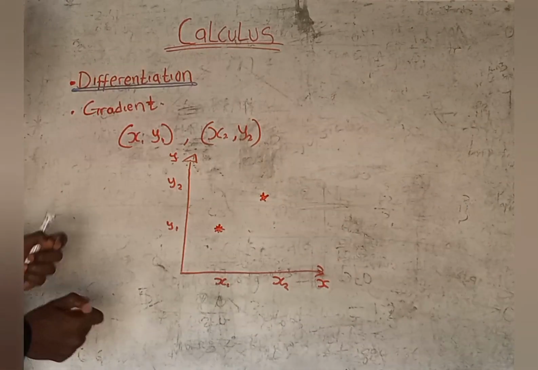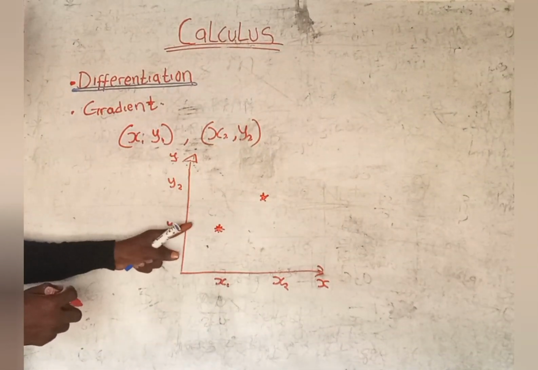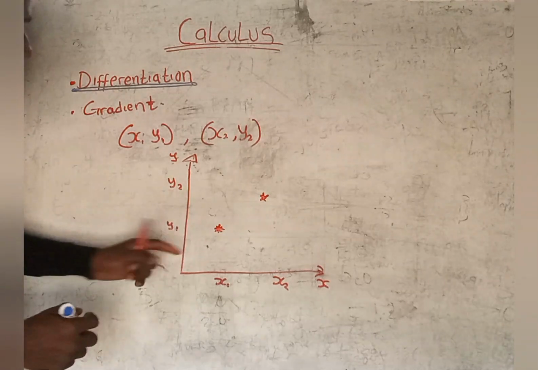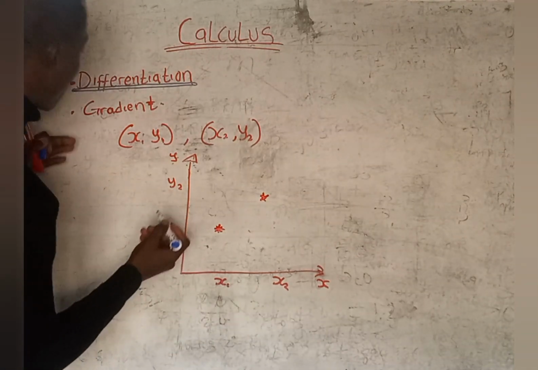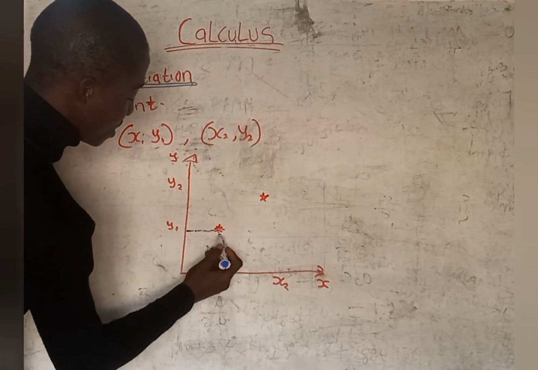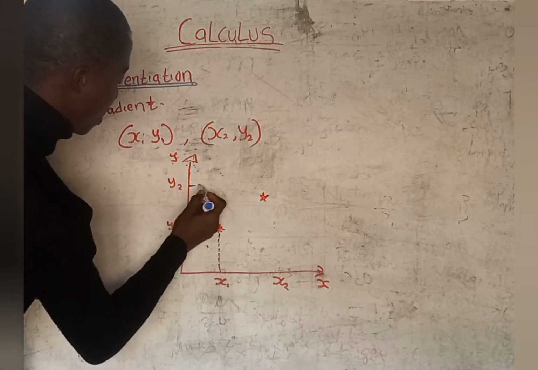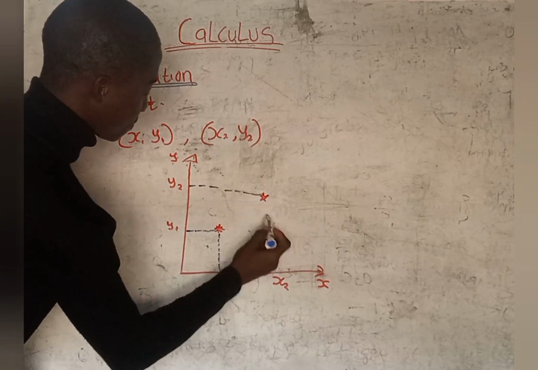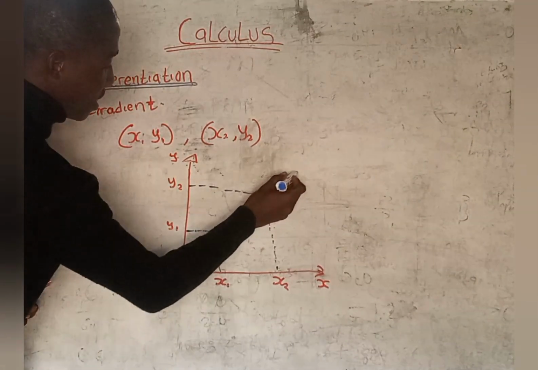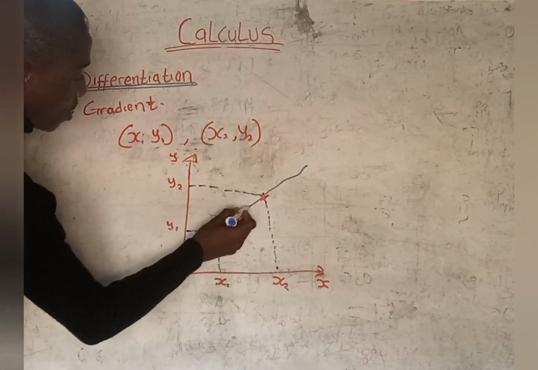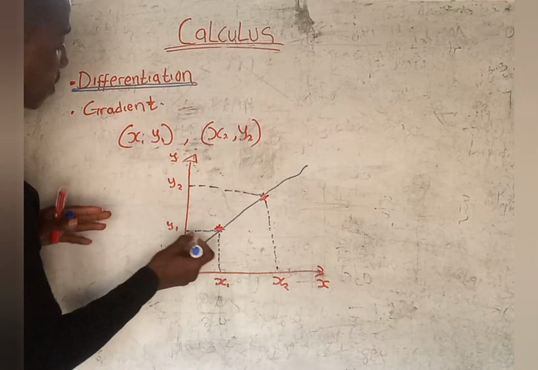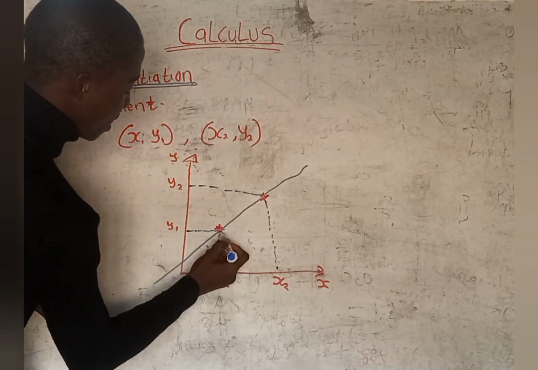Now, if you look at this graph, if I want to find the gradient of this line, first let me trace like this, and another one like this. The slope of this line is what is called the gradient from this point to this point.